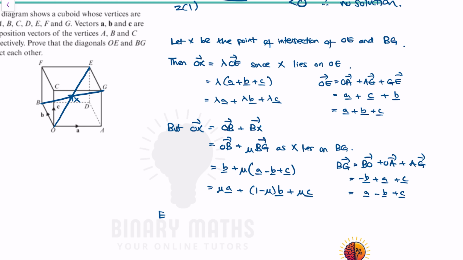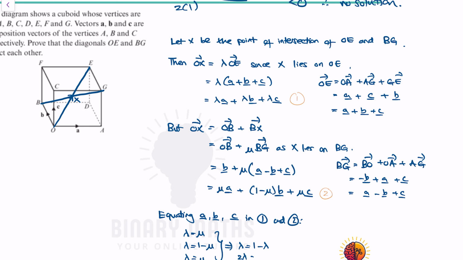So if I equate a, b and c in equation 1 and 2, I get lambda is equal to mu for a, and for b I get lambda is equal to 1 minus mu, and for c I get lambda is equal to mu, which means the second equation becomes lambda is equal to 1 minus lambda, which means 2 lambda is equal to 1, which means lambda is equal to half.